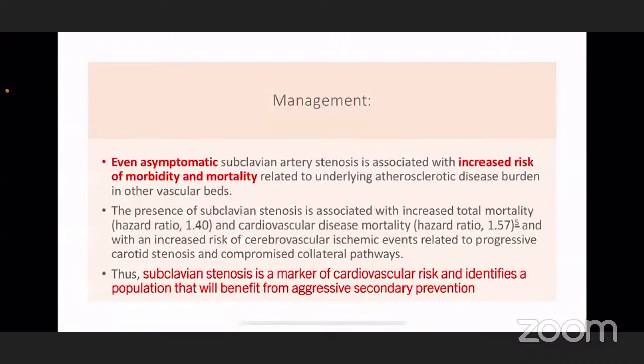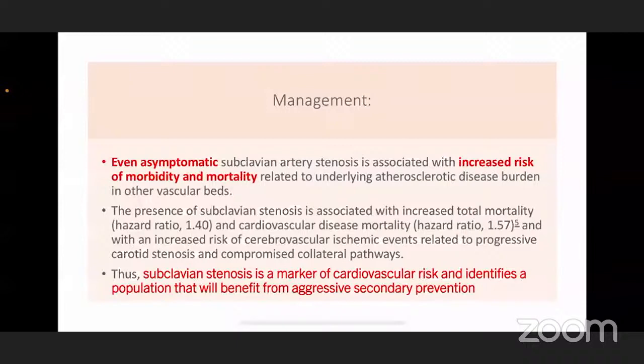We have found that the aggressive secondary prevention that works in subclavian artery stenosis is similar to the regimen that we use in patients who have peripheral artery disease. Who can tell me what is the medical management of peripheral artery disease? Maybe a statin and aspirin.